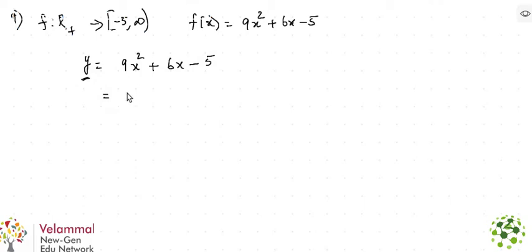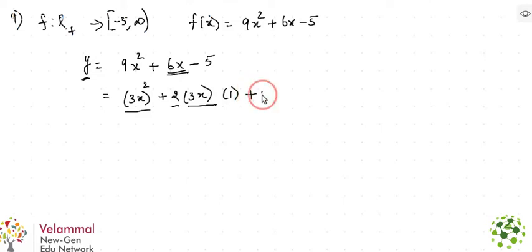Now, I am going to complete the square here. 9x² is (3x)², plus 6x, which can be written as 2 times 3x times 1. So a² + 2ab + b², which is nothing but (a + b)².